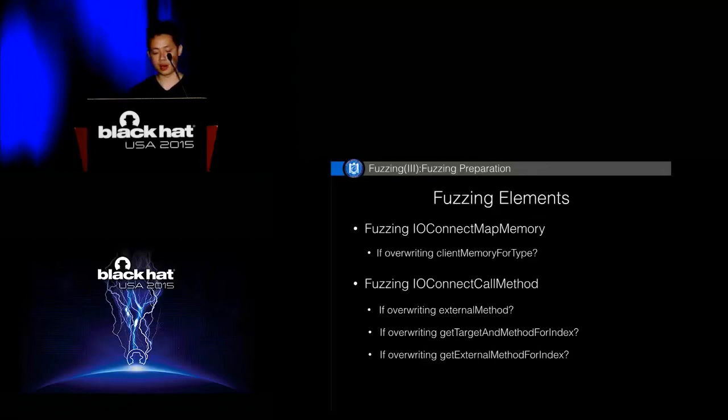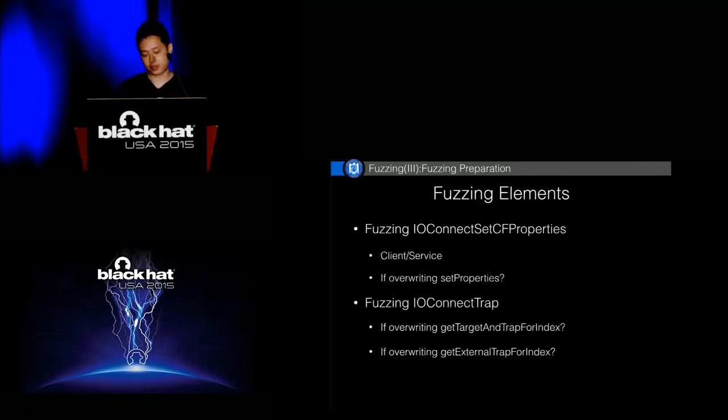If the client overrides one of external method, get target and method for index, or get external method for index, then we can fuzz IOConnect call method. If the client overrides set properties, then we can fuzz IOConnect set properties. If the client overrides one of get target and trap for index or get external trap for index, then we can fuzz IOConnect trap.